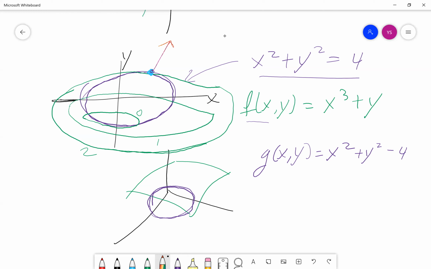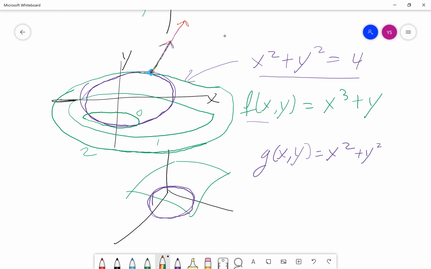It's orthogonal to the level curve. Let's get rid of this 4. The gradient of g at this point, we can now imagine that the purple curve is a level curve of g, so it's orthogonal to that level curve. And the same thing is true for f, right? The gradient of f is also orthogonal to the green curve, because it's a level curve, so maybe it looks something like this.